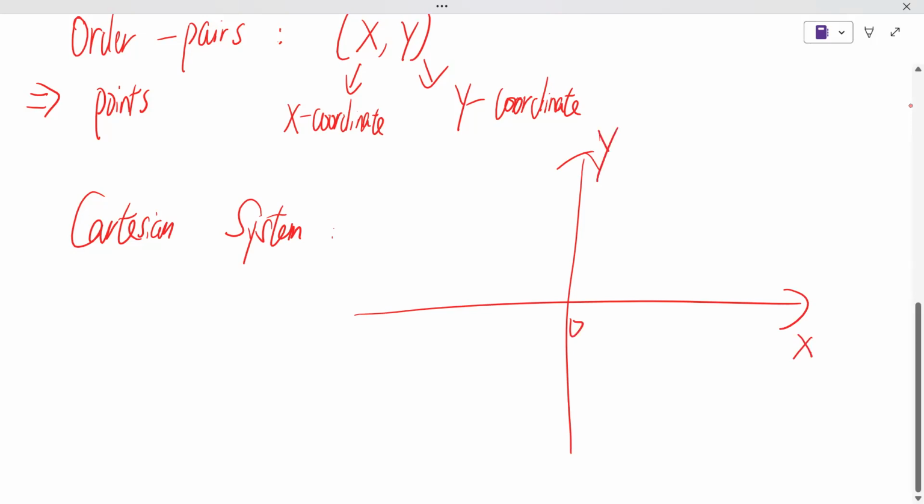Then these two lines give us four different quadrants going counterclockwise. We start with quadrant number 1, and we use Roman numerals. This is quadrant number 2, this is quadrant number 3, and quadrant number 4.